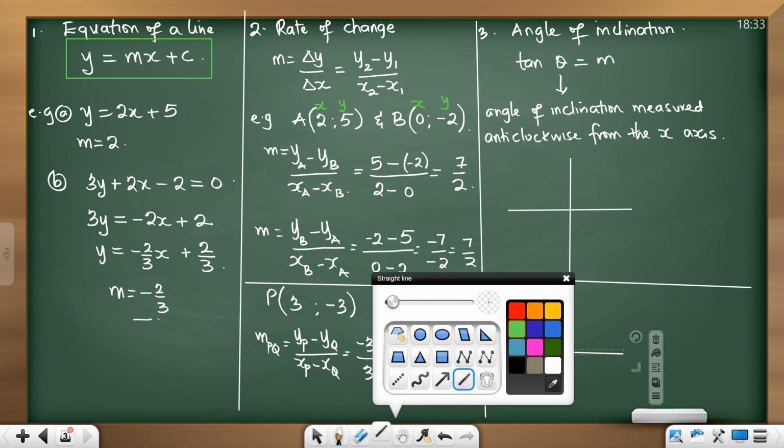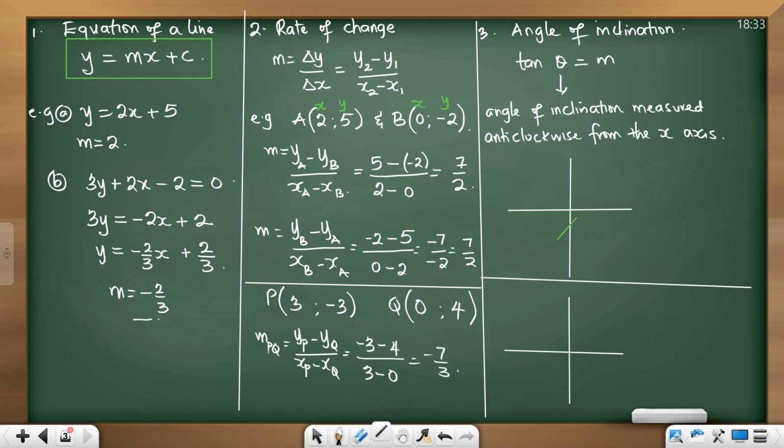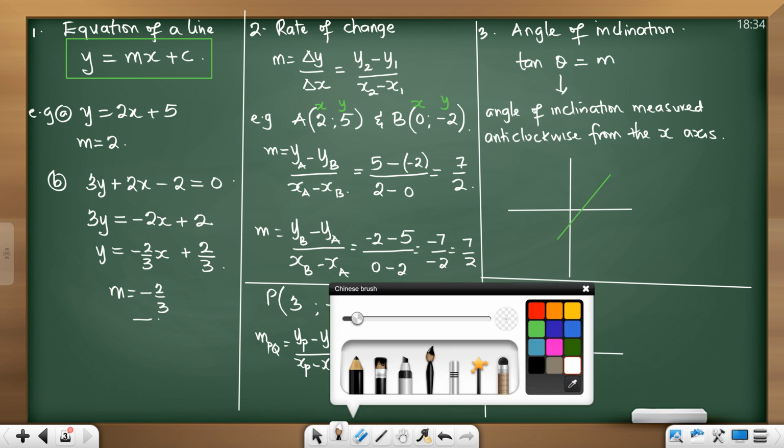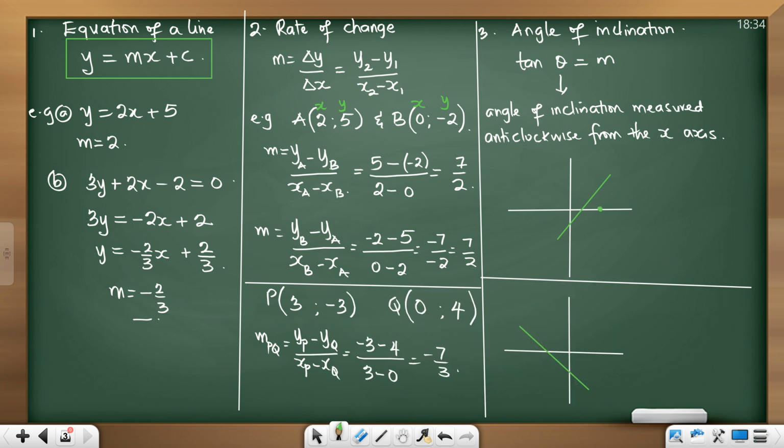One, I'll draw as increasing, and the second one, I'll draw as decreasing. Just hold on writing. I know you want to write. I am measuring from the x-axis anti-clockwise, so that is my theta.